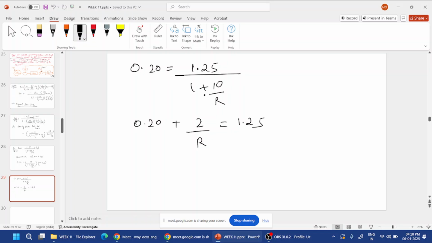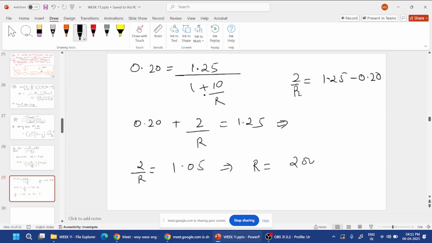I think I have done correctly. Yes. So it will come out to be 2 by R is equal to 1.25 minus 0.20. So how much will it be?